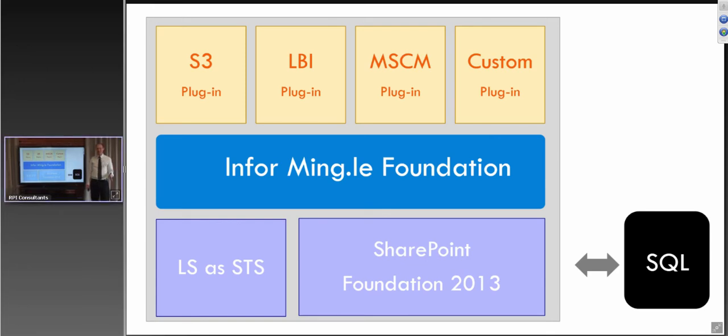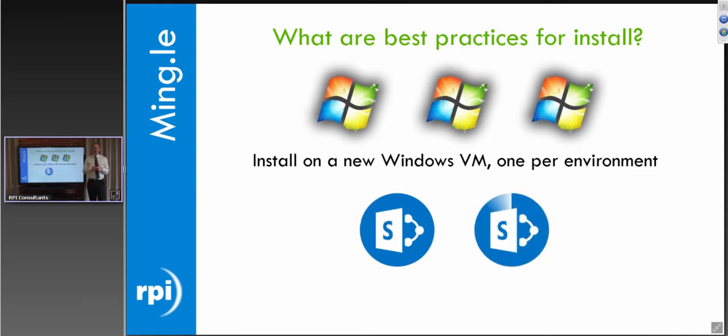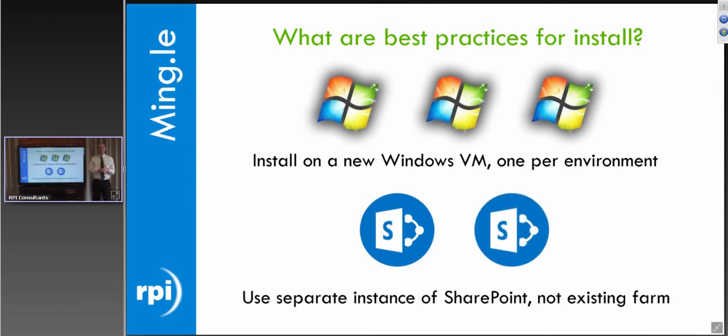So getting back to your question of whether we want a dedicated server for this or not, I have a couple of best practices to offer. I would recommend hosting Mingle on its own virtual machine that's dedicated for that purpose. I would not recommend installing Mingle on the Lawson server.